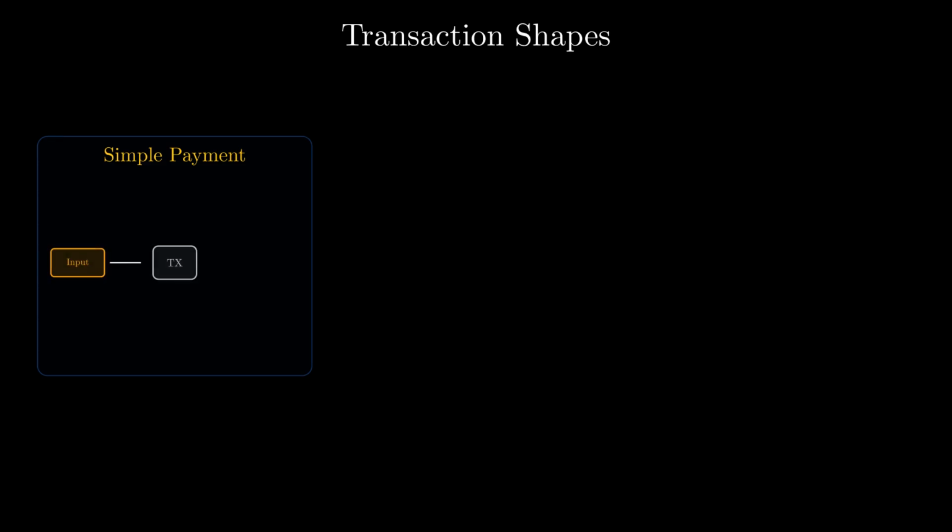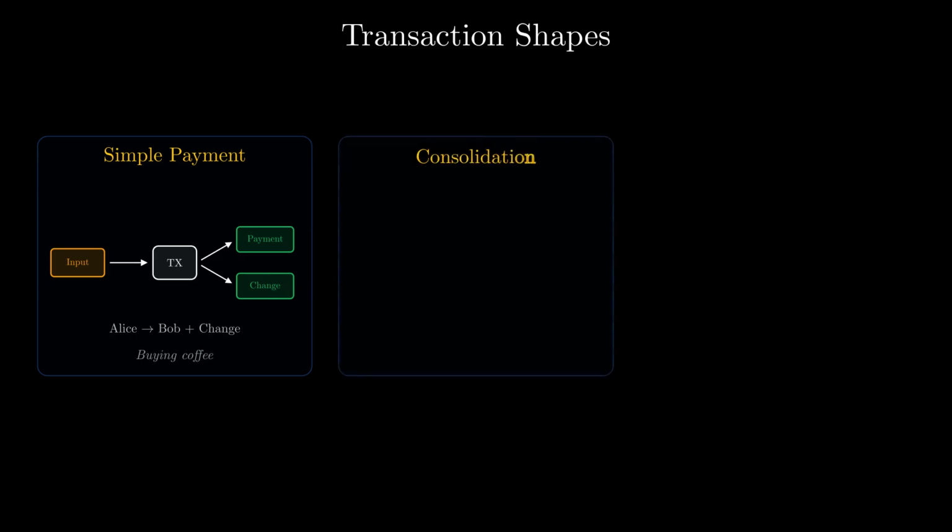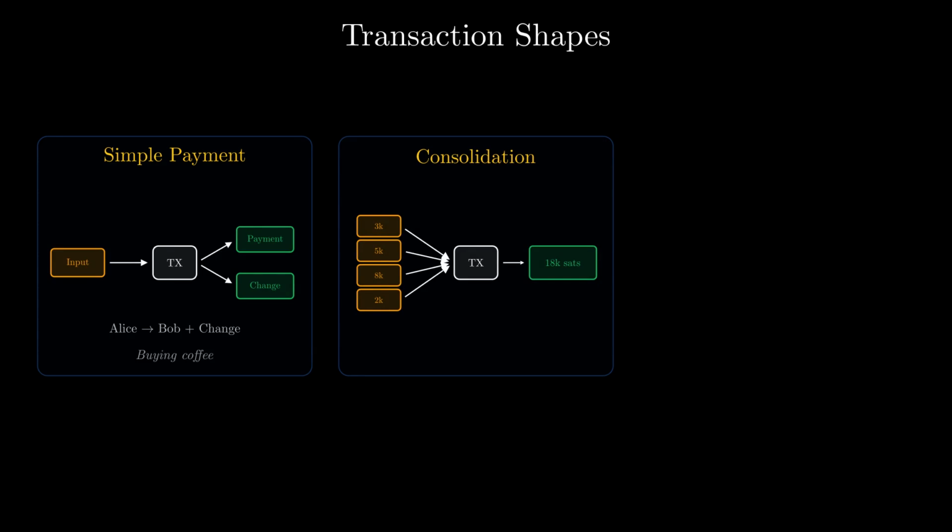First, the simple payment, 1 input, 2 outputs, payment plus change. This is the everyday purchase. Alice pays Bob and receives change. The majority of Bitcoin transactions follow this pattern. Second, consolidation, many inputs, 1 output.